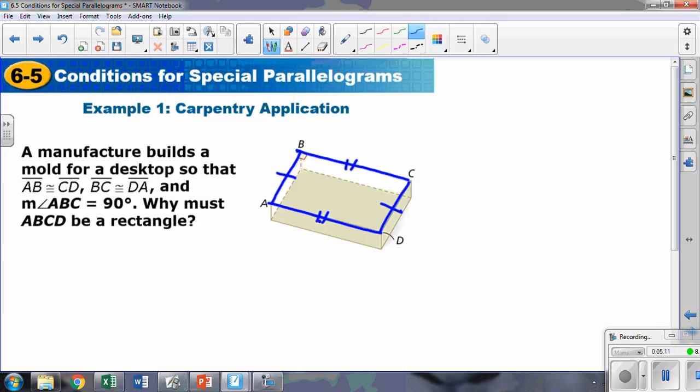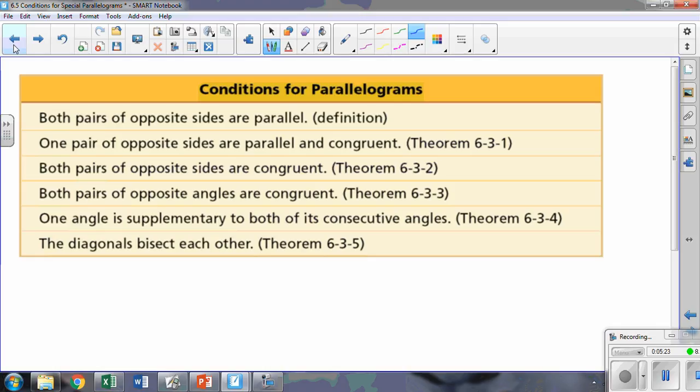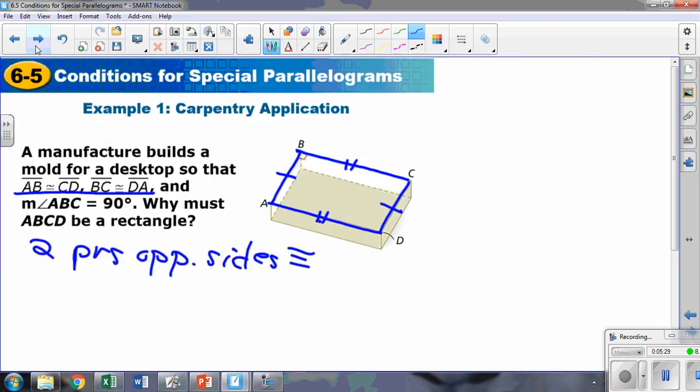Well, please notice these two things: with two pairs of opposite sides congruent, that was one of the conditions to give us a parallelogram. This information in the blue says we've actually got two sets of parallel sides.